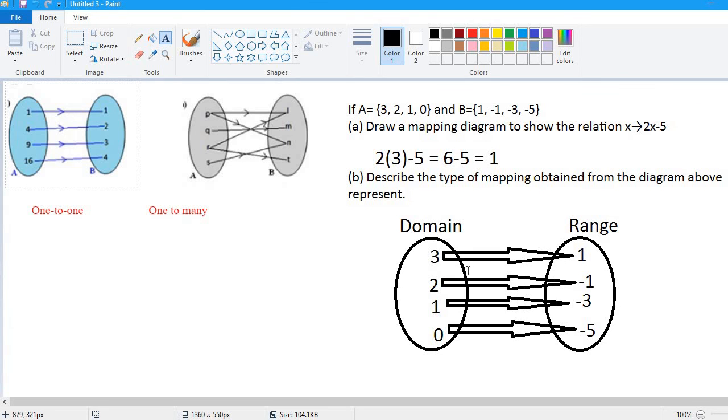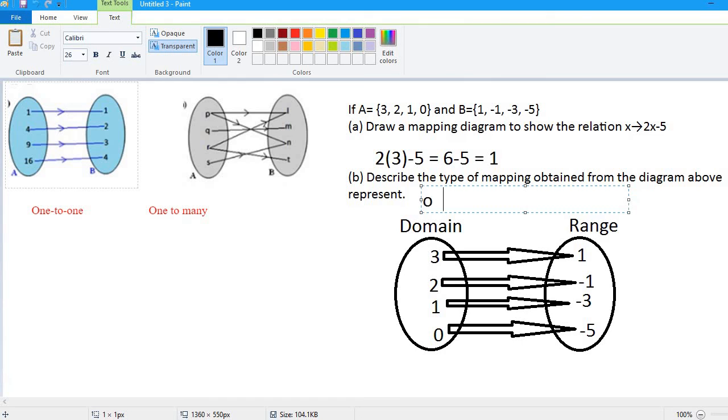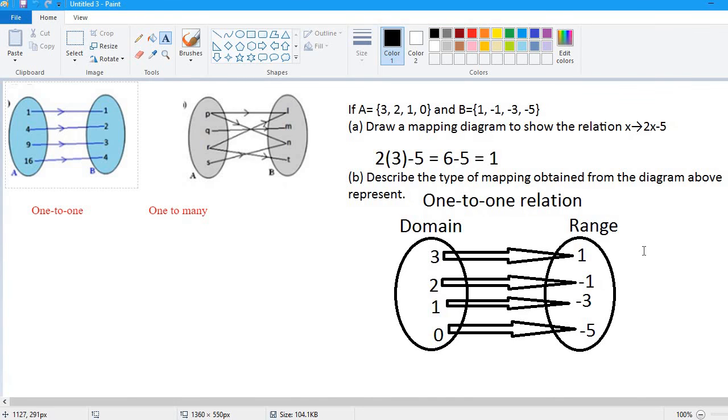It only points to one number for each of the elements in the domain. So we can definitely say that this is a 1 to 1 relation. And that's it. So basically all you have to do is look at the arrows, see if one of the elements in the domain points to more than one element in the range.